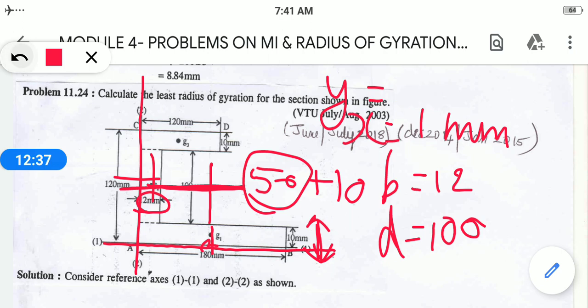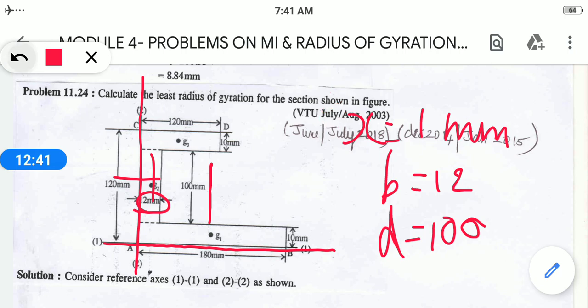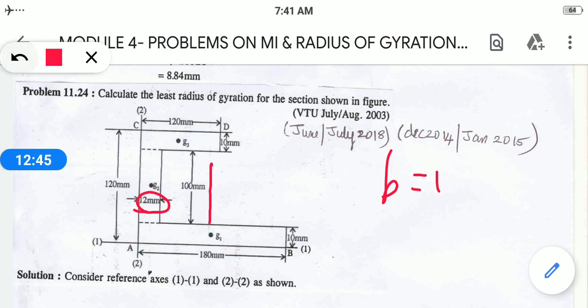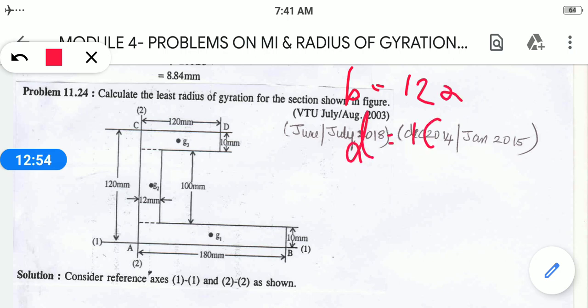Same way we have to adopt it for the third element. For the third element, B is equal to 120 and D is equal to 10. How will the x distance be? It will be equal to 120 divided by 2.